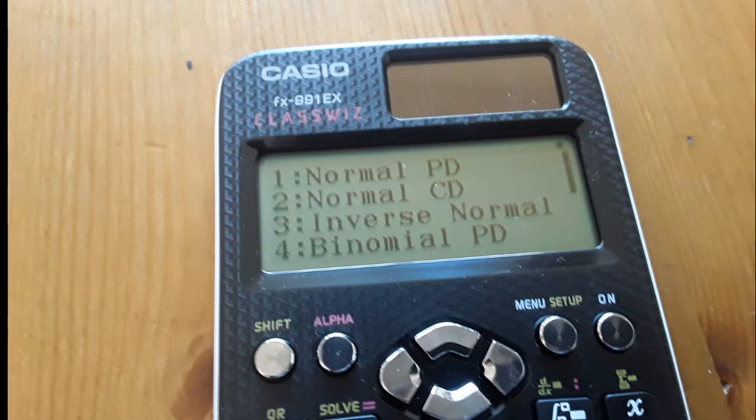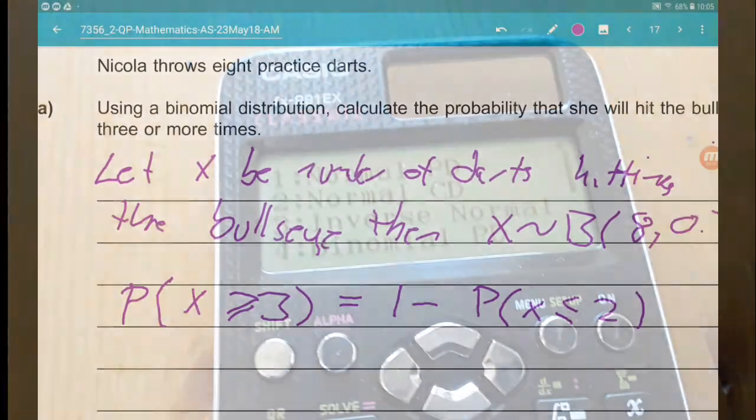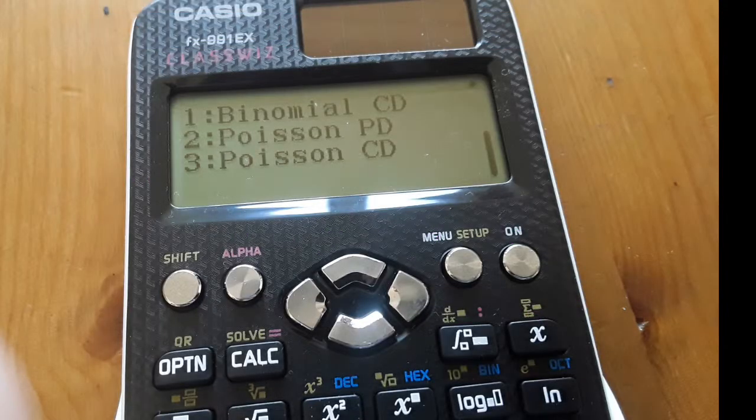Now we don't want binomial PD. You use that to work out single probabilities, so for example, the probability that x is equal to 2. But we want the probability that x is less than or equal to 2. So we need to scroll down to this screen, and then we want binomial CD.